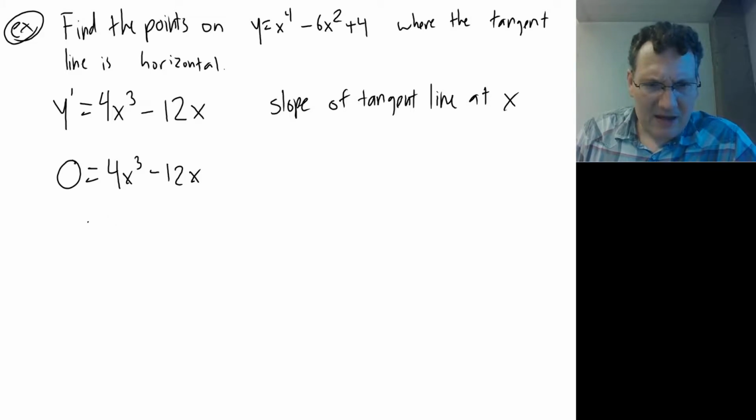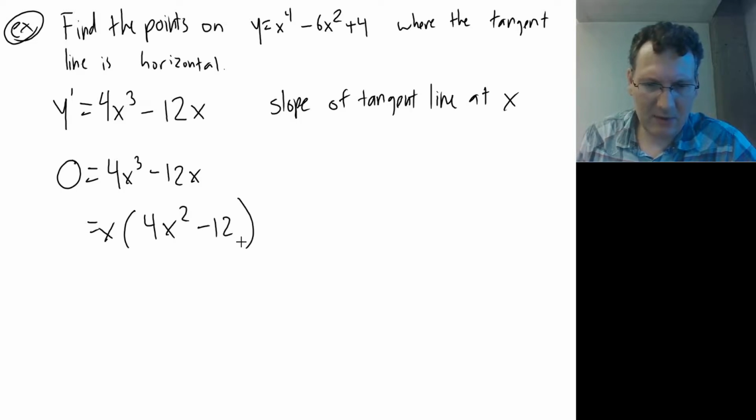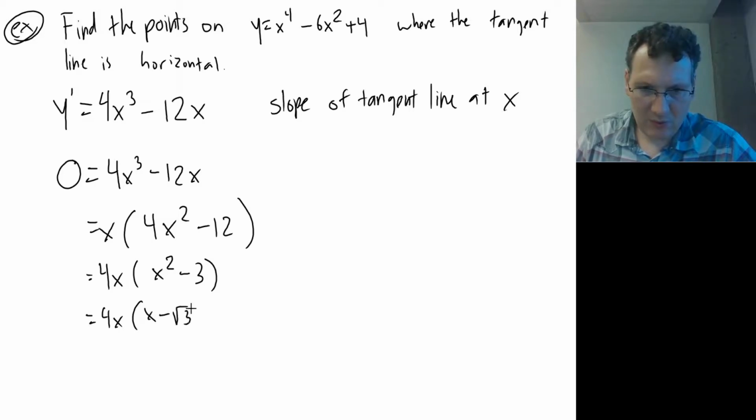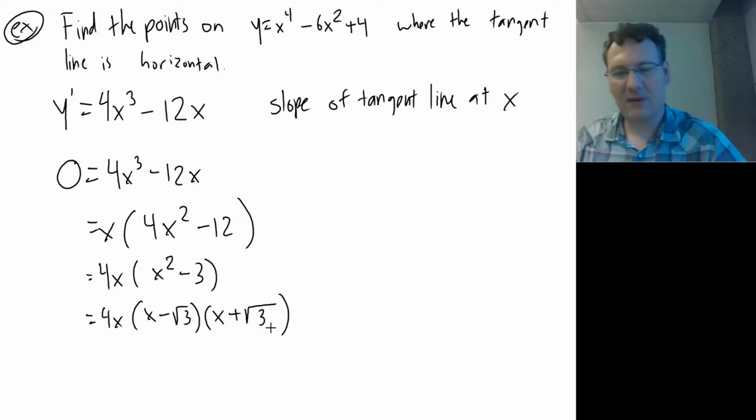Well, you can see you can factor out an x, and you got 4x squared minus 12. In fact, I want to factor out that 4 as well. 4x times x squared minus 3. And so what we have is 4x times x minus root 3 times x plus root 3.